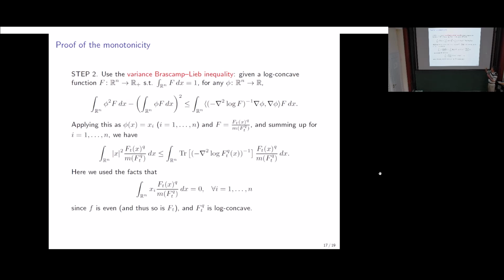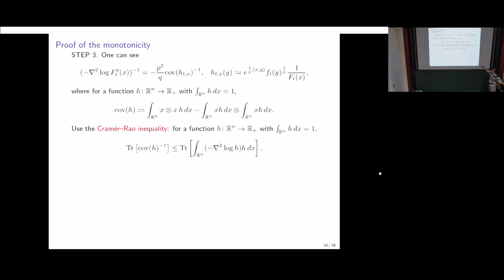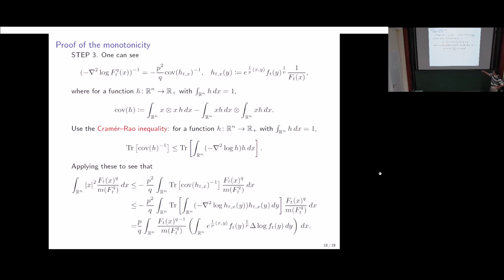And then you can calculate. I'm so sorry, I don't mention it because I don't have enough time. The second ingredient is the Cramér-Rao inequality. Applying these two, you can obtain the desired inequality like this one.